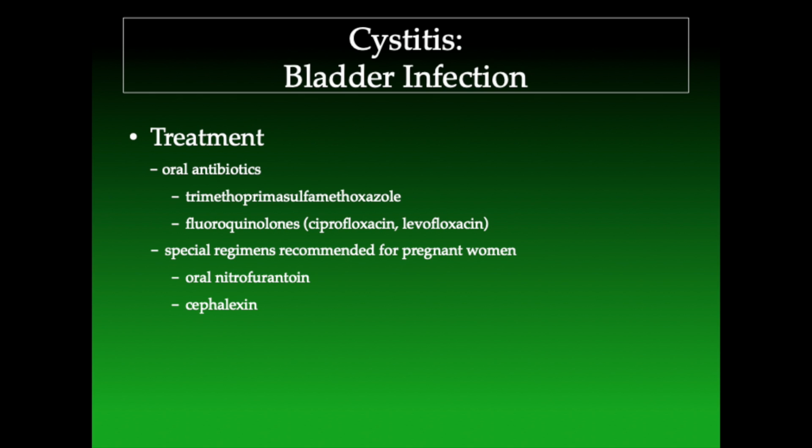Some common antibiotics used for cystitis include trimethoprim-sulfamethoxazole or fluoroquinolones, such as ciprofloxacin or levofloxacin. For pregnant women with cystitis, oral nitrofurantoin and cephalexin are good antibiotic choices for treatment.